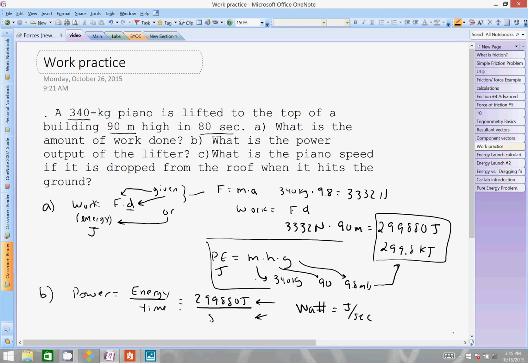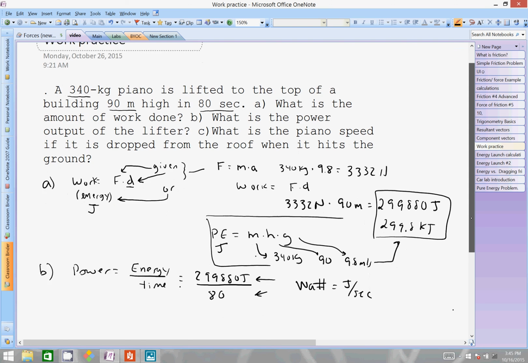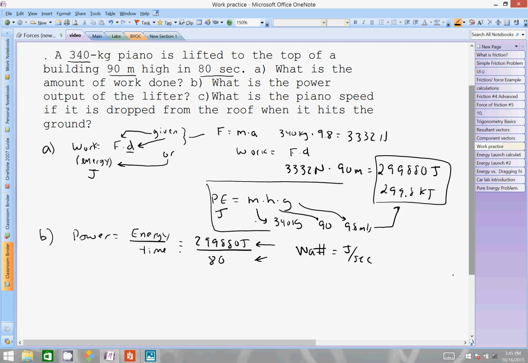Seconds is 80. That's a big lift in a relatively short amount of time, in my opinion. But let's do our calculation. Divided by 80 seconds means this guy's putting out 3,748 watts.